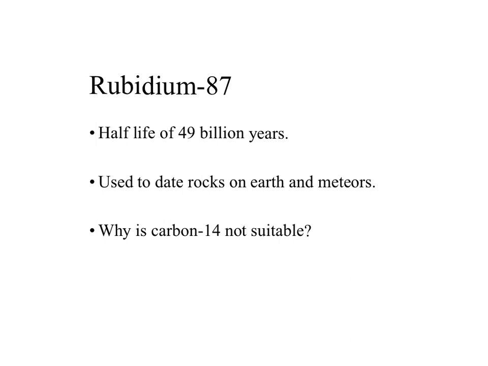Rubidium-87 has a longer half-life than that, and it's used to date rocks on Earth and meteors. Like I said, carbon-14 is not suitable because it has a much shorter half-life, and it will be so hard to distinguish from background radiation at those kinds of ages as well.